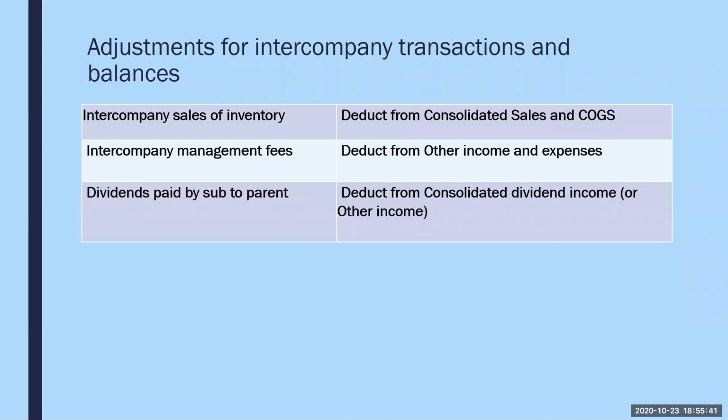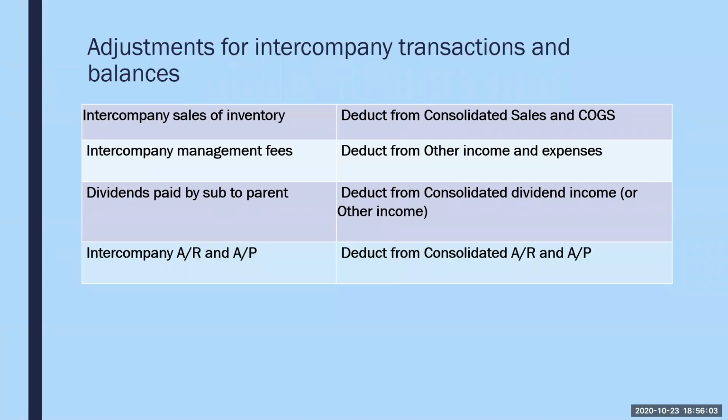If the subsidiary pays dividends to the parent company, we will subtract the amount of the dividend paid by the subsidiary from consolidated dividend income, or if that particular line does not exist, it will be part of other income, so we'll deduct it from other income. Intercompany accounts receivable and accounts payable must be eliminated by being deducted on the consolidated balance sheet from the accounts receivable and accounts payable.